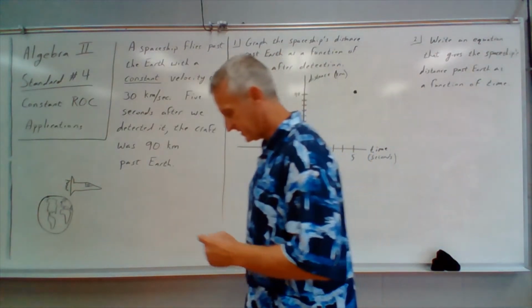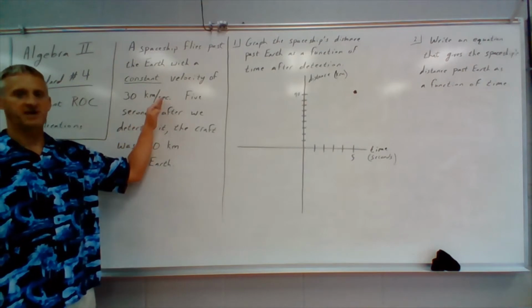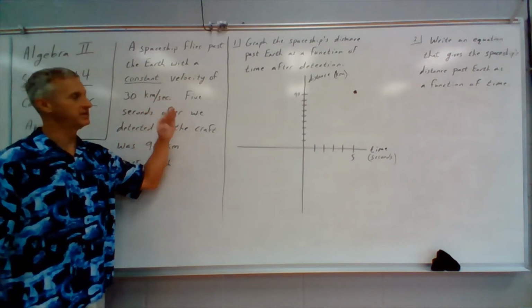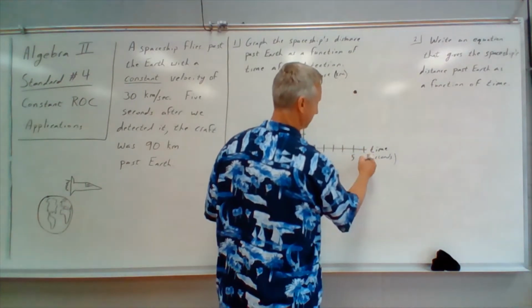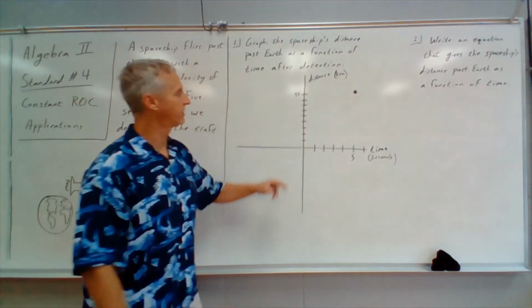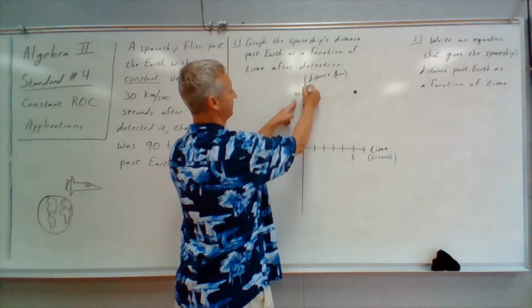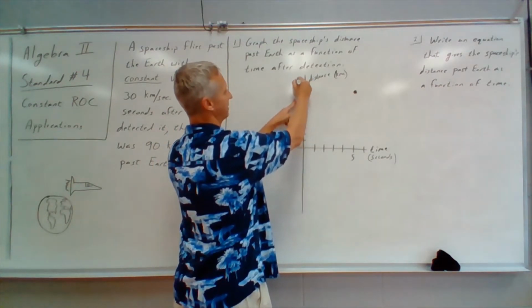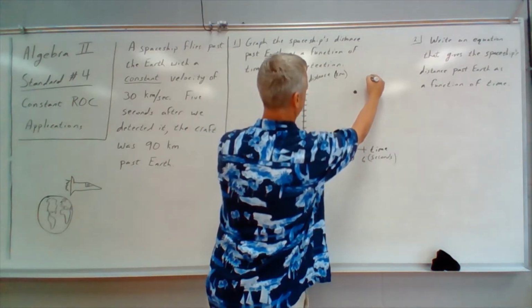Let's make a graph of this. If the spaceship was traveling the same velocity all the time, every second it goes 30 more kilometers. So at 6 seconds, it would have gone 30 more kilometers, so it would now be at 120. 100, 110, 120. So at 6, it would be up here at 120.